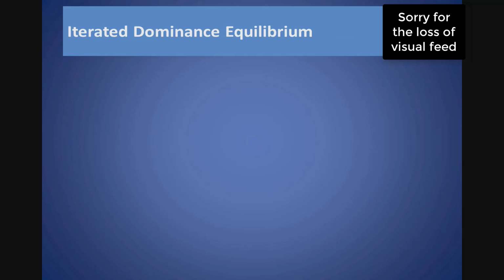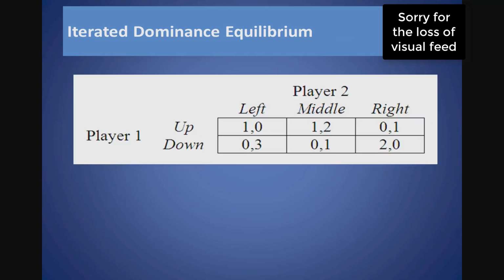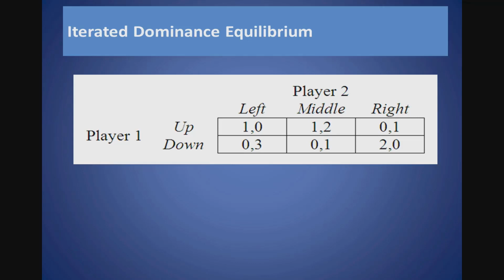Well, what I now want to do is move on a little bit, because if only games were that simple, if only they were always strictly dominated strategies. So what I'm going to do is give you this very, very simple but abstract game. In this game there are two players, player 1 and player 2. Player 1 chooses over the two available strategies of up or down, and player 2 chooses over the three strategies of left, middle, and right.